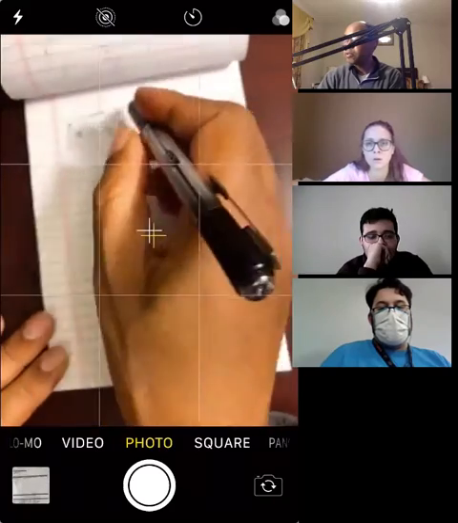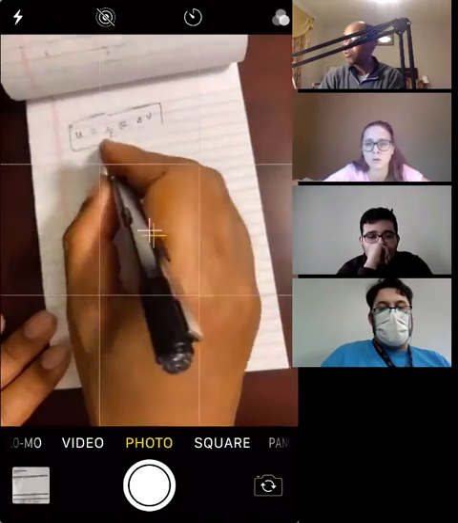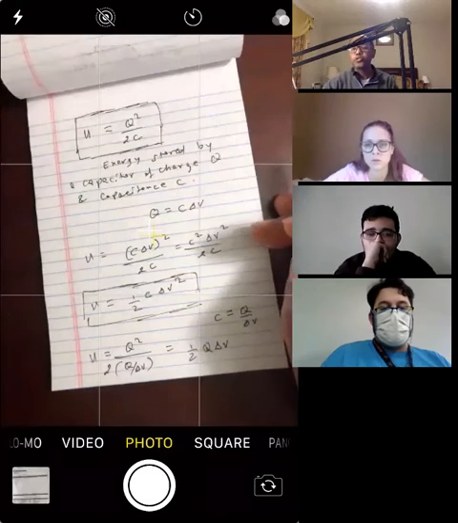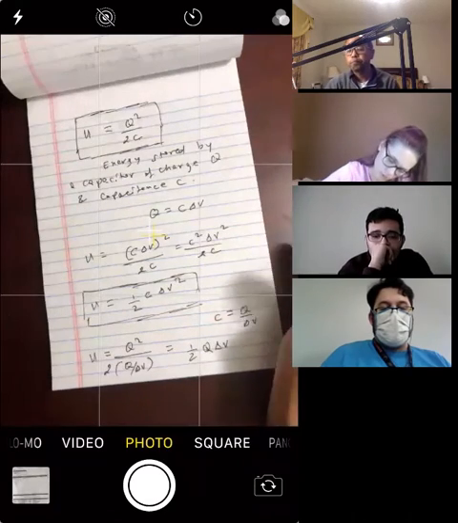So depending on what you have, you can use any of these formulas to calculate the energy stored by a capacitor.